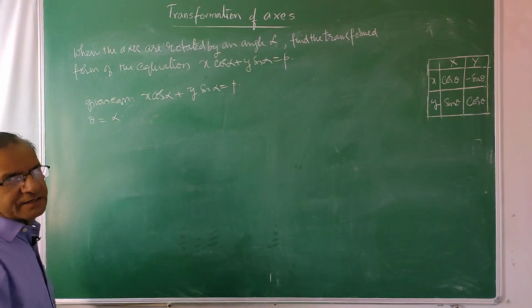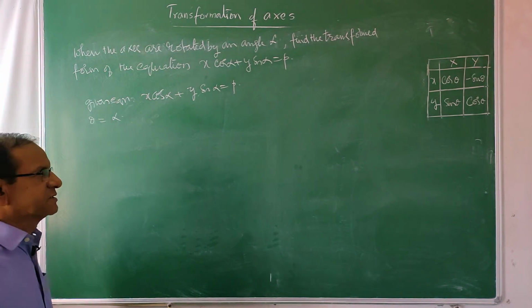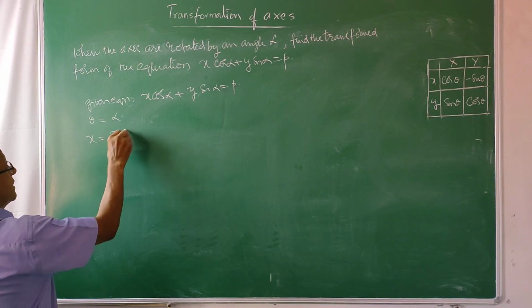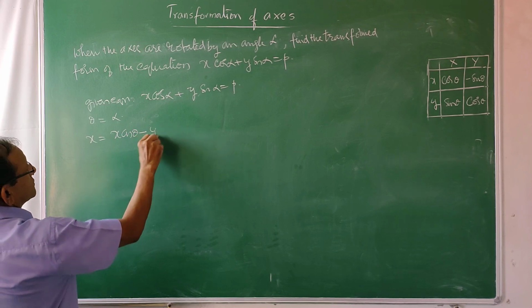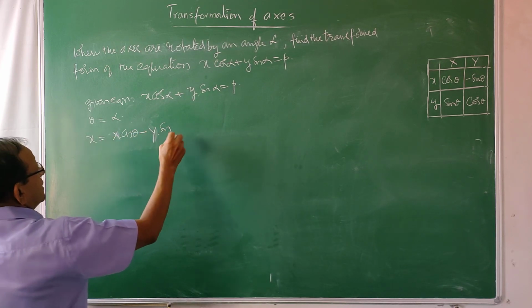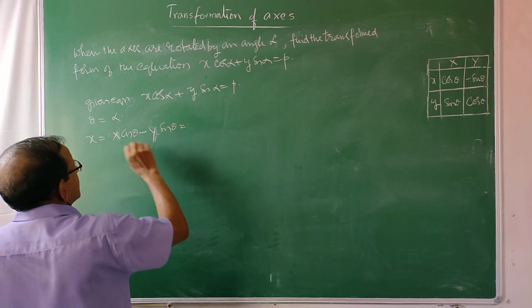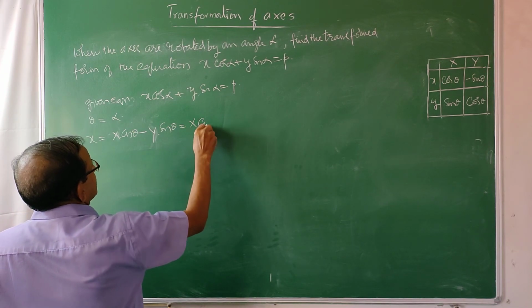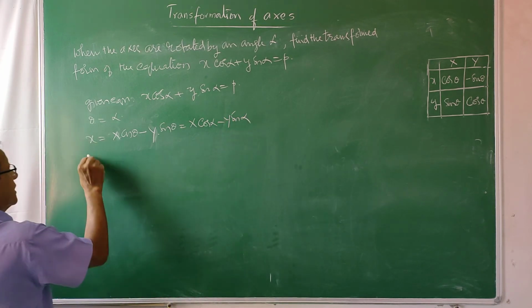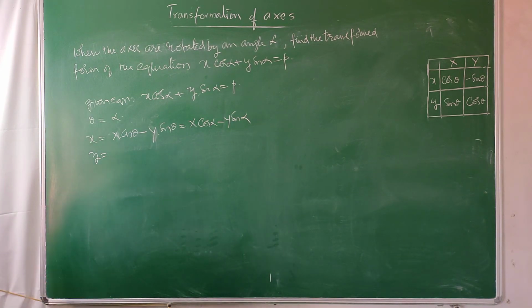Now let us write the relation between small xy and big XY. We know that small x is equal to X cos theta minus Y sin theta. Here theta is alpha, so X cos alpha minus Y sin alpha. And now small y, see the table.